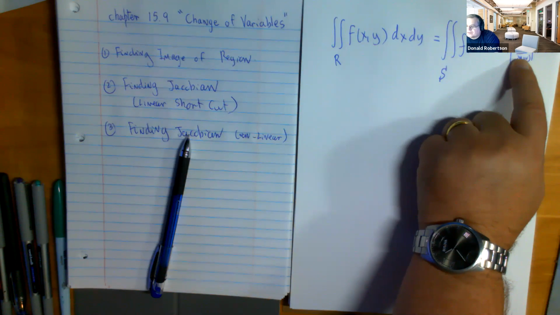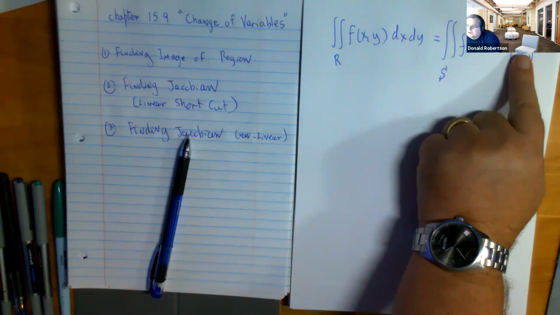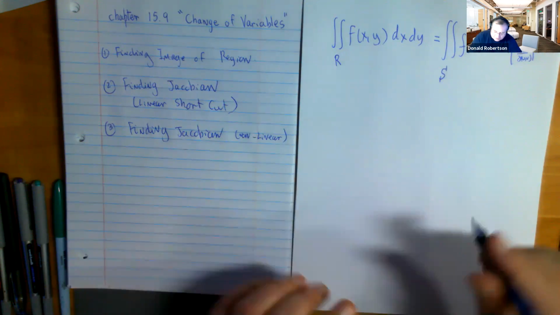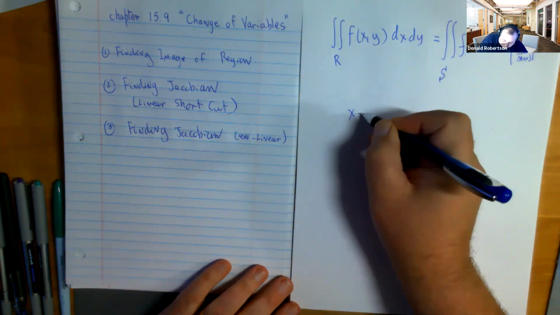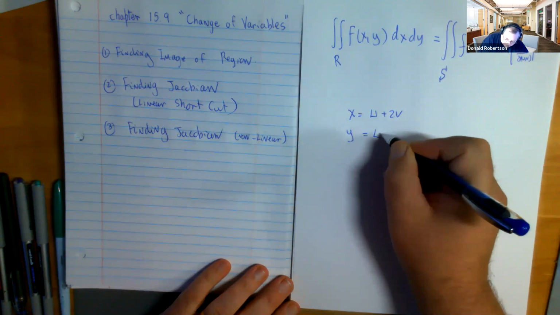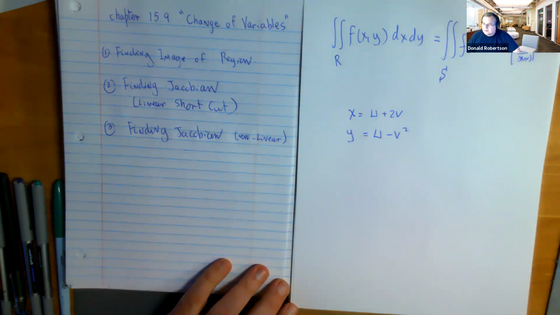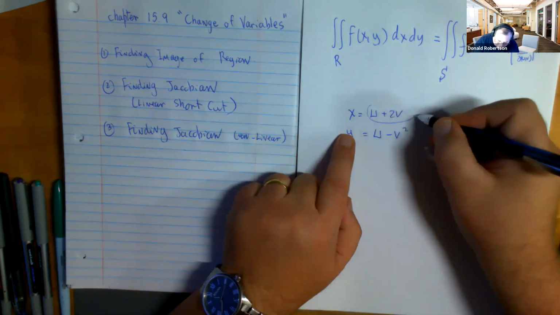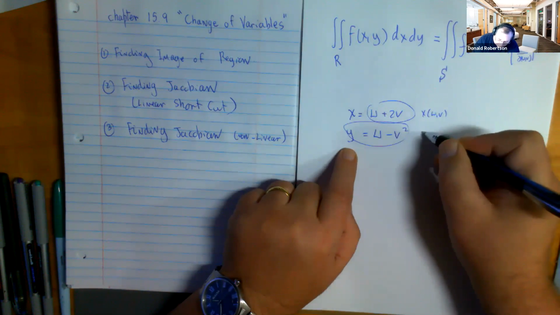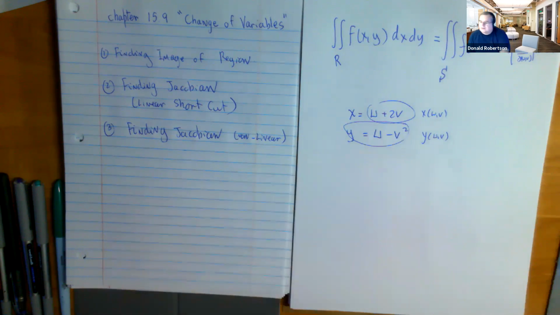If it's negative a seventh, that will become plus a seventh. That's the only little weird hiccup. Everything else is basically turned into u's and v's. So when I say x of uv, do you know that x is going to be a function of u and v, and y is going to be a function of u and v? So far, so good?